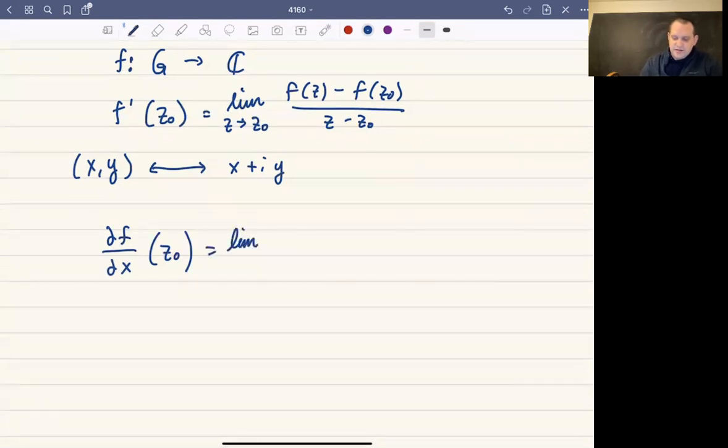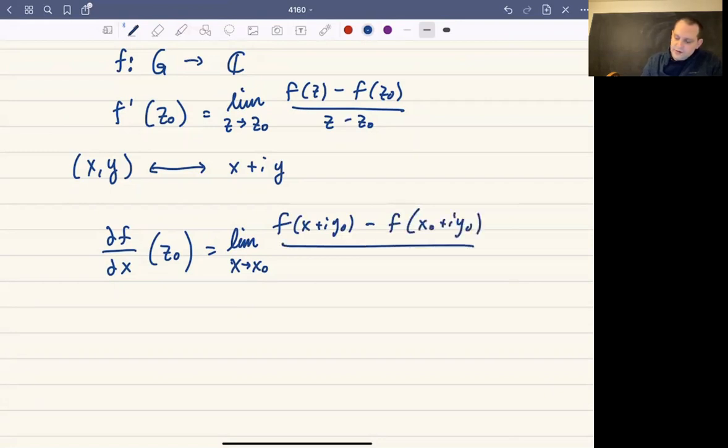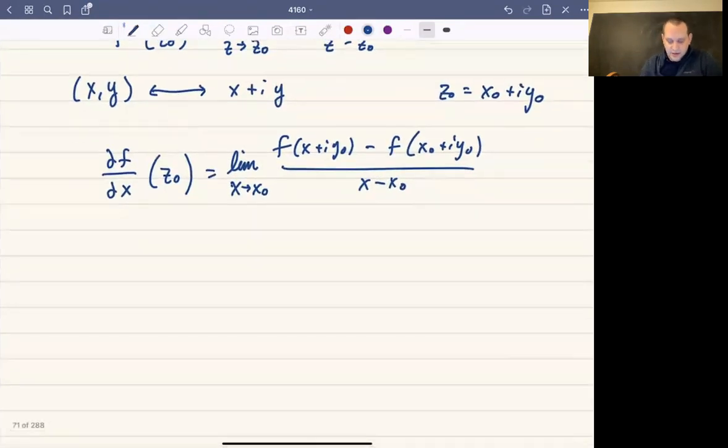This is defined as the limit as x approaches x naught of f of x plus iy naught minus f of x naught plus iy naught, all over x minus x naught. Here z naught is x naught plus iy naught. And that's the partial derivative of f with respect to x at z naught.